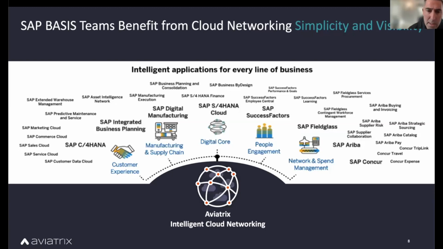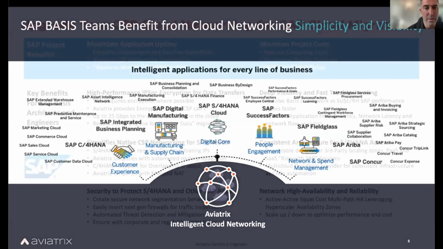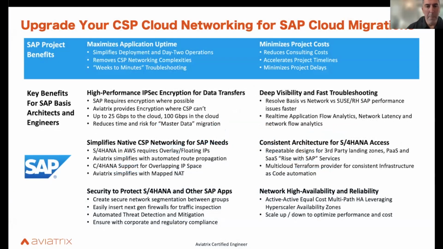And if it all ties into this Aviatrix intelligent cloud networking, it can be for both your digital core for S/4HANA, it could be for all of your SaaS services and all the other components that fit into those SaaS services. So if you kind of break down those components, and this is where we're going to go into use cases and customer stories for each of these key benefits.